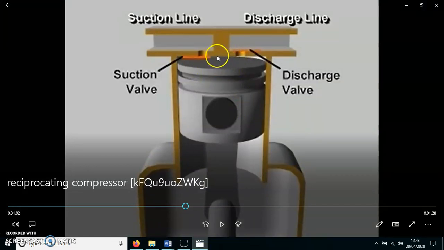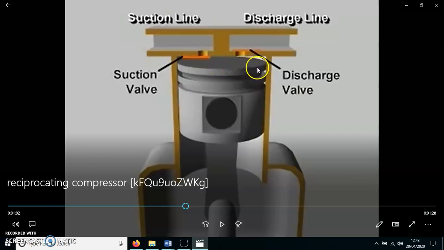This one is the cylinder head surface and this one is the piston top when the piston is at top dead center. So this position is top dead center. The volume enclosed above the top of the piston when the piston is at top dead center is called clearance volume. And as I already told, as the suction valve opens in, the piston should not strike the suction valve when it is open. That's why this clearance volume is provided inside the compressor.